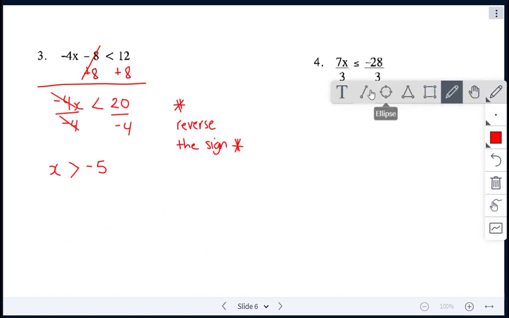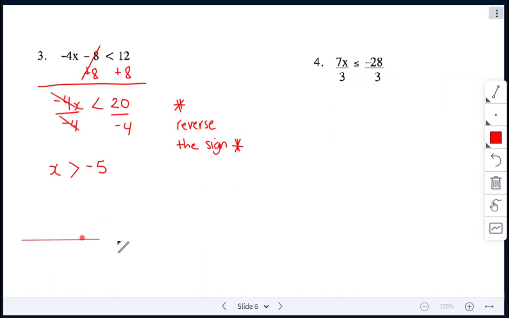All right, so let's draw our number line again. Again, show your arrows on the two ends to show it continues forever. Negative 5, so let's just put 0 here. Negative 1, negative 2, negative 3, negative 4, negative 5, like that.